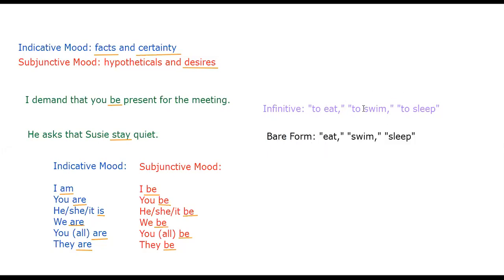Someone else already said it in the chat, I believe, that it's a bare infinitive. That's what these are called. The subjunctive takes the same form as this bare infinitive.